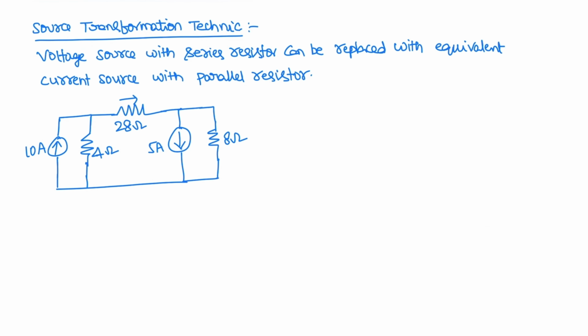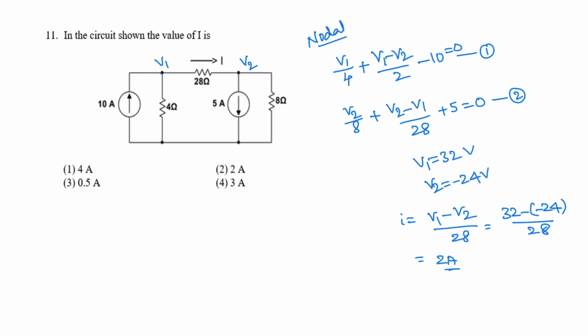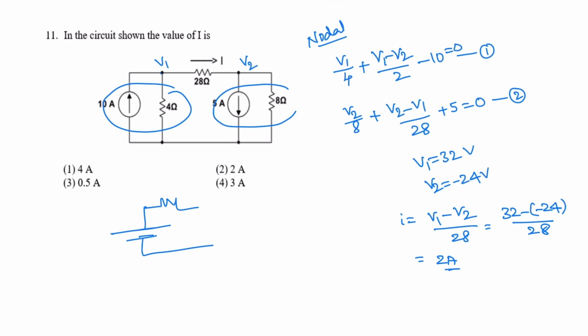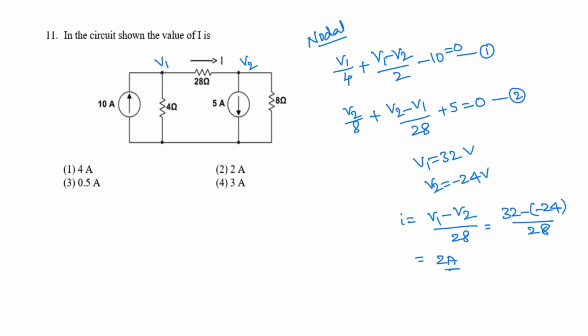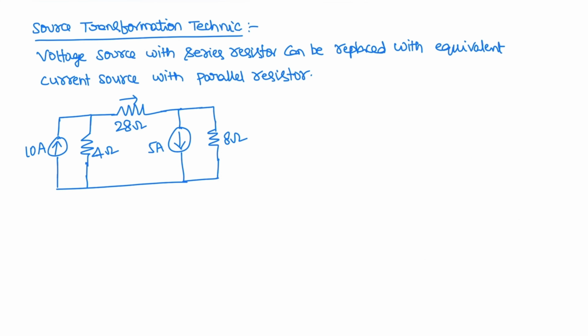Simply by using the source transformation technique. Source transformation means a current source with parallel resistance can be converted to a voltage source with series resistor. Similarly here also, the current source with parallel resistance is converted to a voltage source with series resistor.